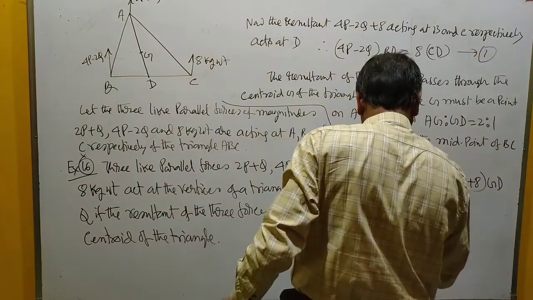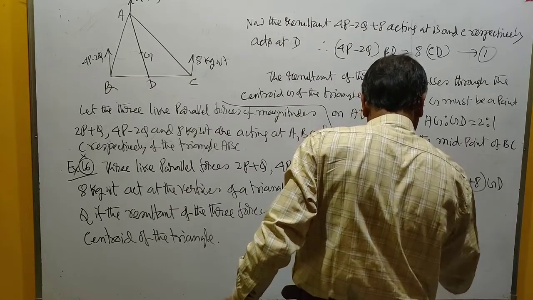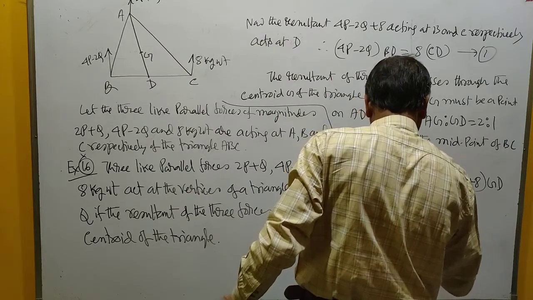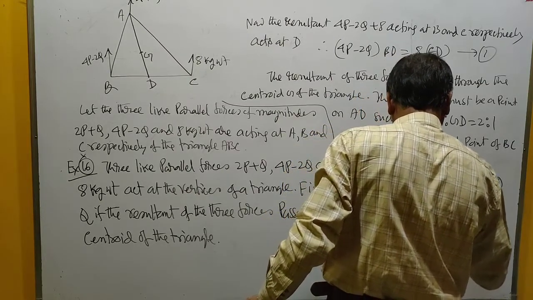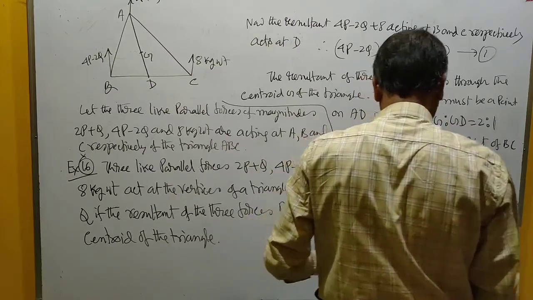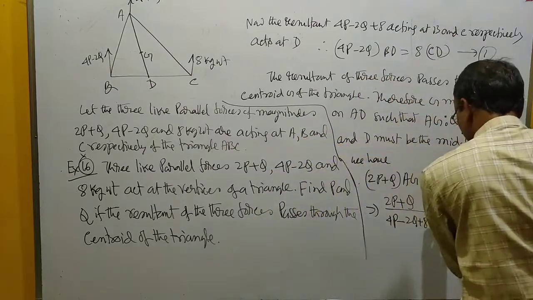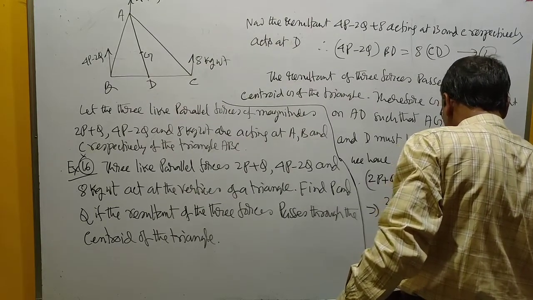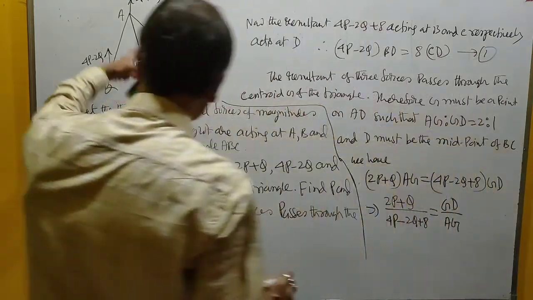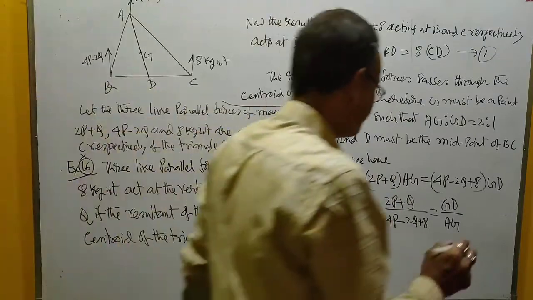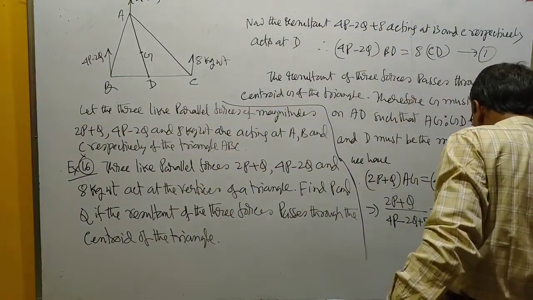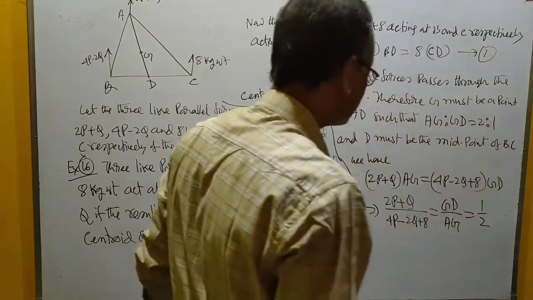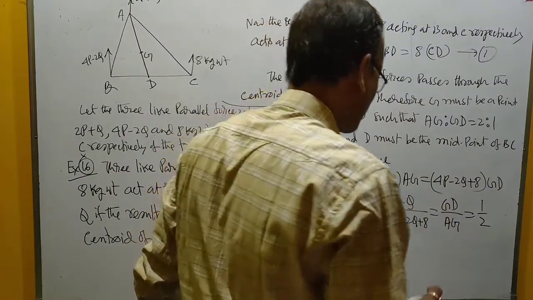This means that twice P plus Q divided by 4P minus twice Q plus 8 equal to GD by AG. GD by AG means 1 by 2. This should be equal to 1 by 2.